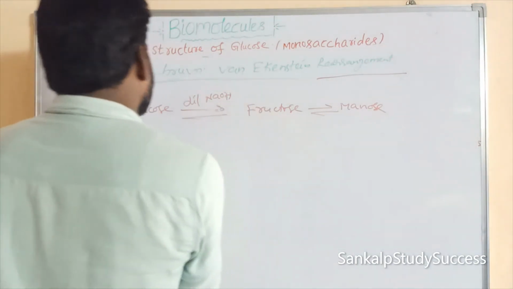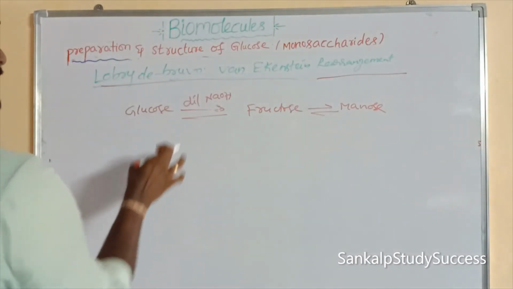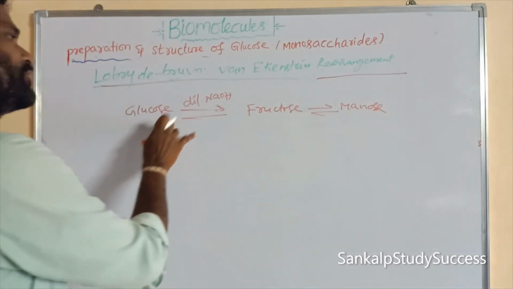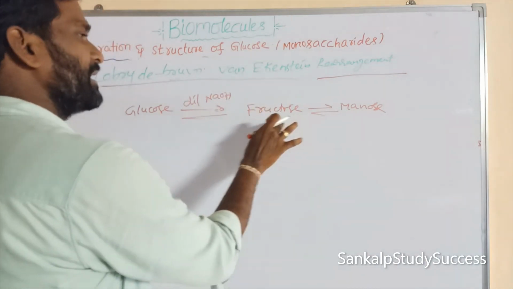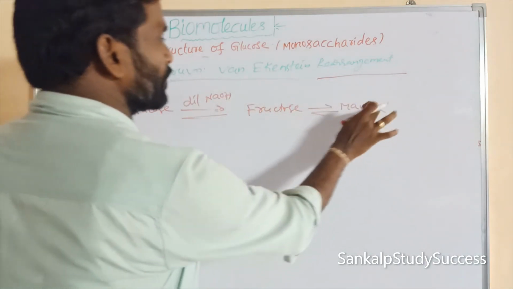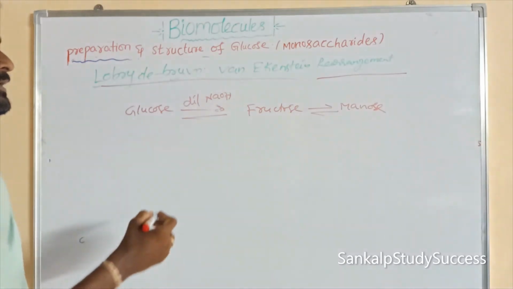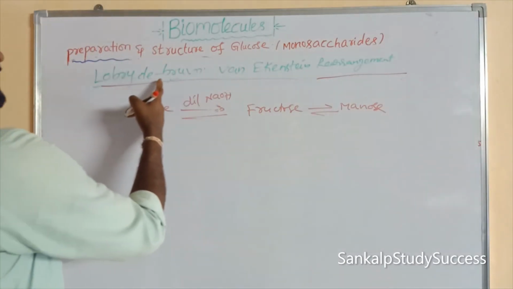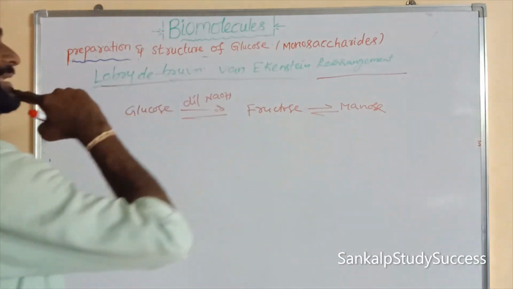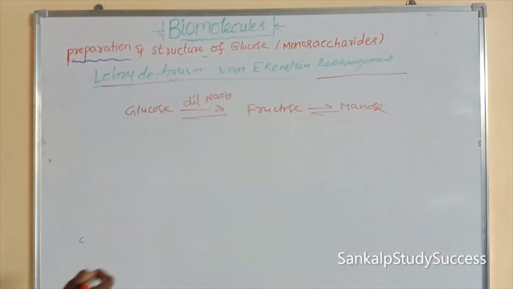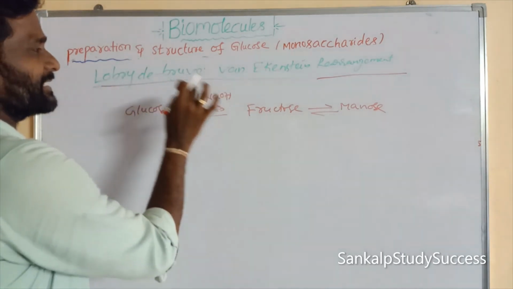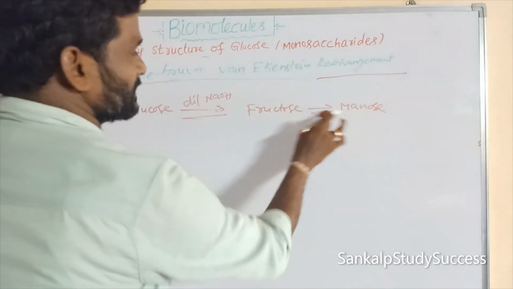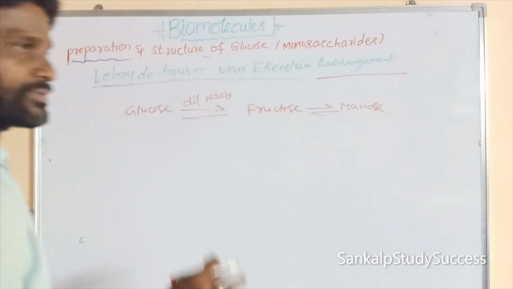So what is that? Glucose undergoes a reversible isomerization with dilute NaOH, giving an equilibrium mixture of D-fructose and mannose. This is said to be the Lobry de Bruyn van Ekenstein rearrangement. So what is that? When glucose is treated with dilute NaOH, that gives an equilibrium mixture of fructose and mannose.